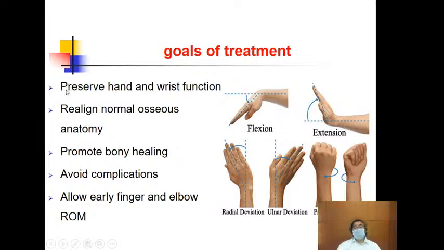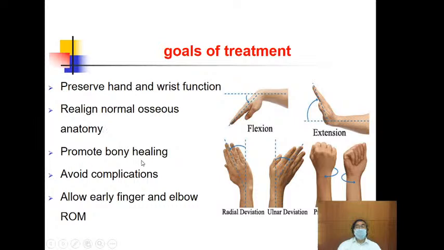So our first and foremost goal should be to preserve the hand and wrist function and to realign normal osseous anatomy. As I have already mentioned, if the normal anatomy, especially the articular anatomy, is not maintained, then it may lead to step-offs and irregularities in the joint line, which may lead to early secondary osteoarthritis.